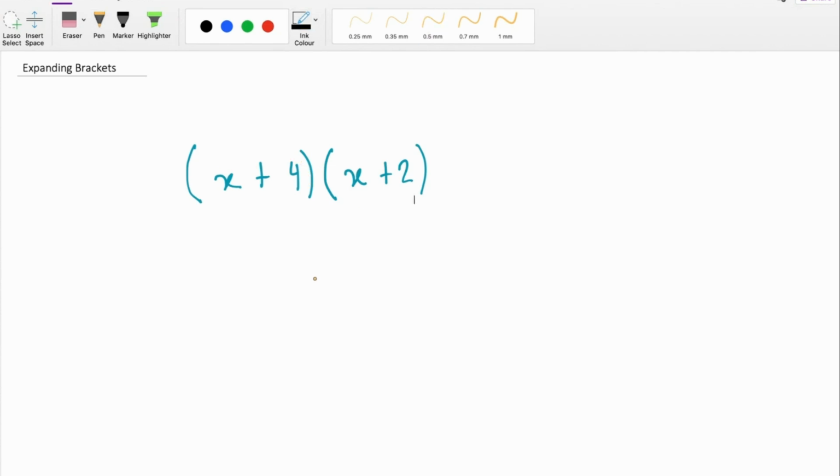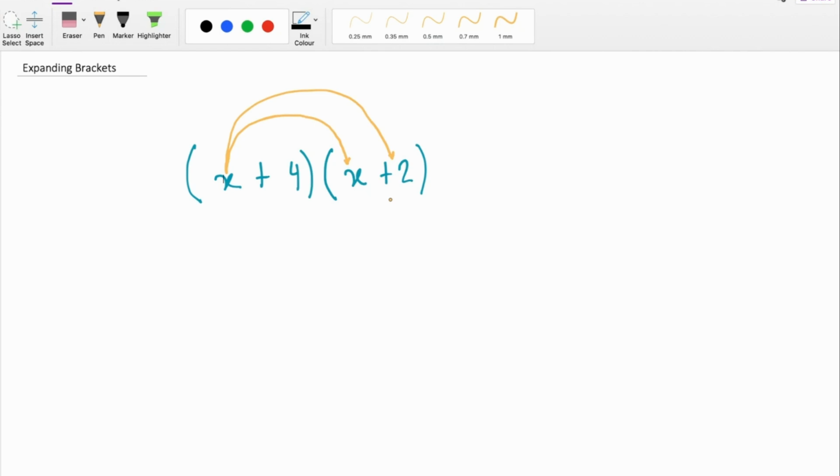So if we were to put arrows and show how to multiply, let's do this together. We would have x multiplying with the first term in the second bracket, which is x. We would then have x multiplying with 2, which is the second term in the second bracket. That would be the first half of your expansion done.